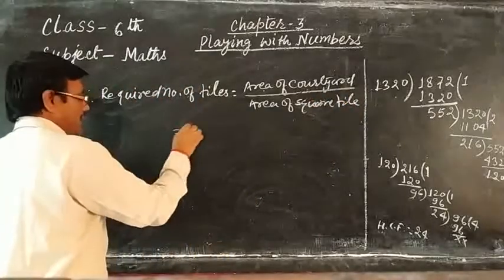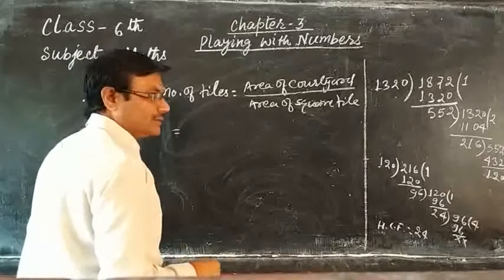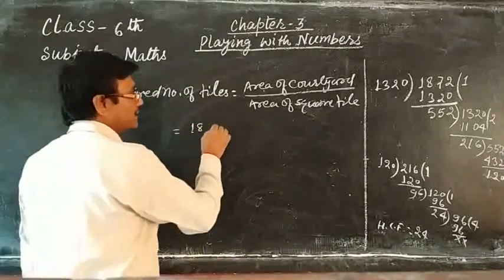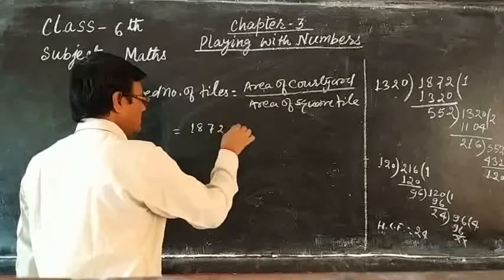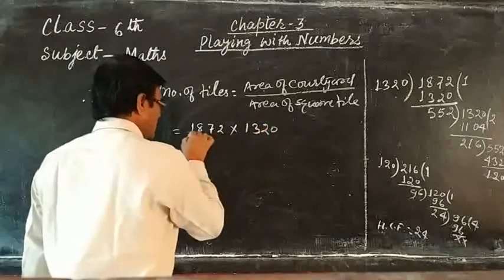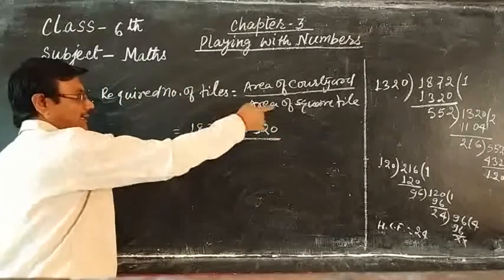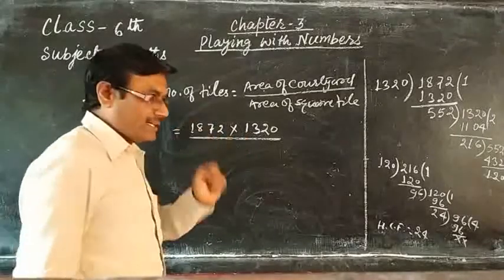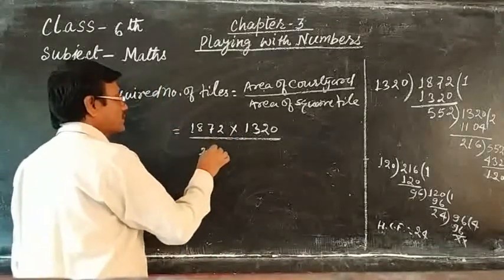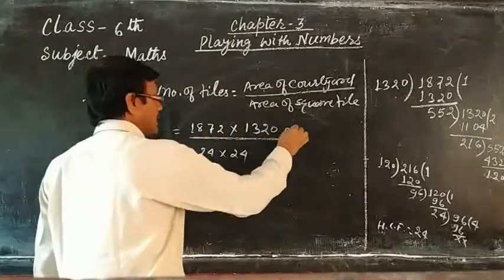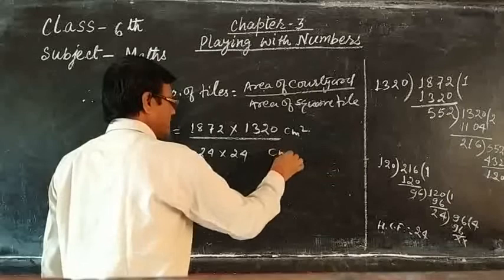The area of the courtyard means length into breadth. Length is 1872 and breadth is 1320. Over the area of a square tile, which means side into side. One side is 24 cm and into 24 cm. Right, here cm square and here cm square.